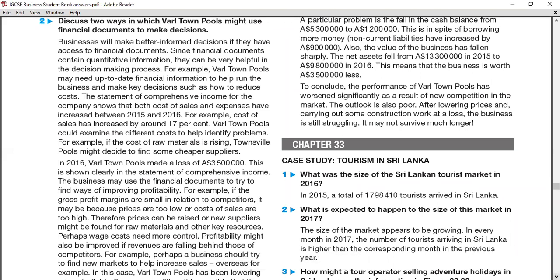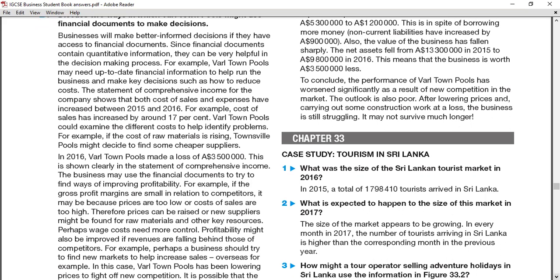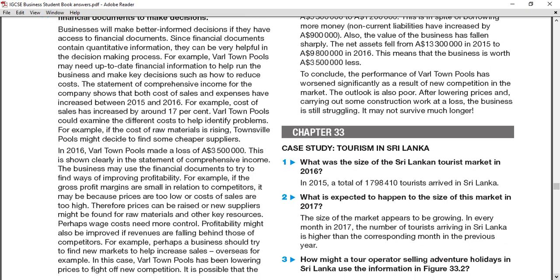The business may use the financial documents to try to find ways of improving profitability. For example, if the gross profit margins are small in relation to competitors, it may be because prices are too low or costs of sales are too high. Therefore, prices can be raised or new suppliers might be found for raw materials and other key resources. Perhaps wage costs need more control.